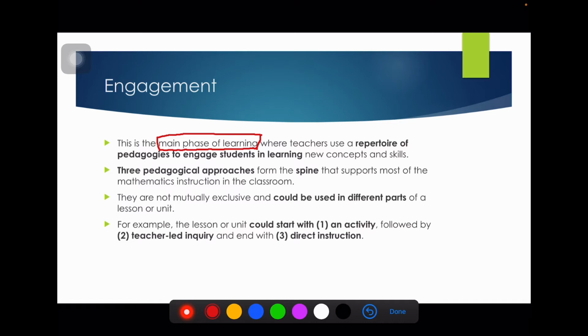This is where teachers use a repertoire of pedagogies to engage students in learning new concepts and skills. A repertoire of pedagogies refers to the learning theories. Of the many learning theories that you have learned, you can choose 1, 2, or 3.